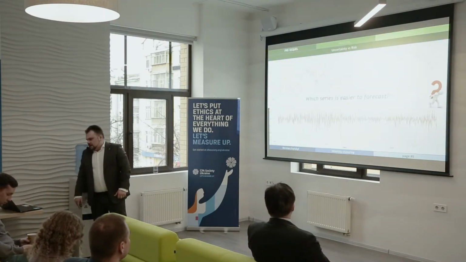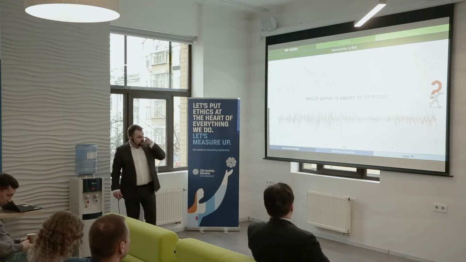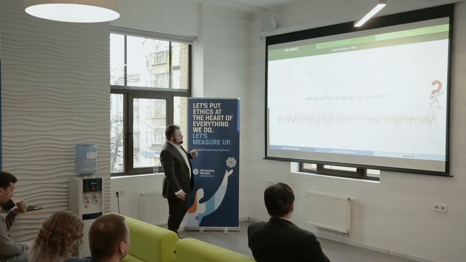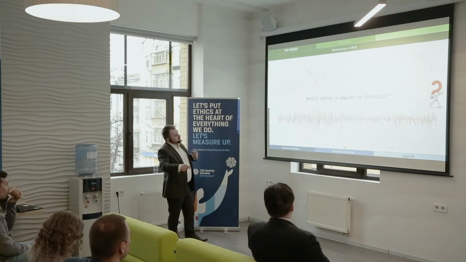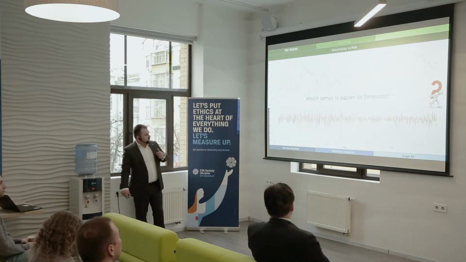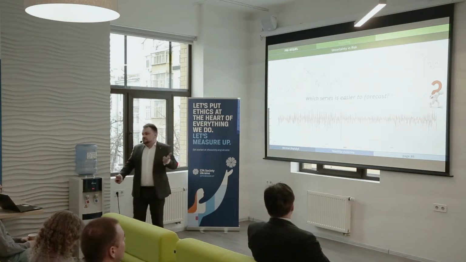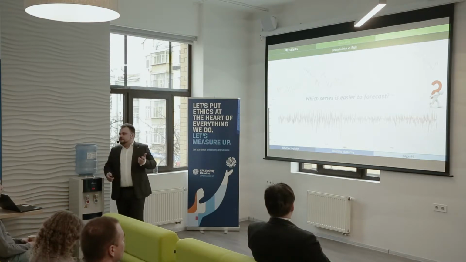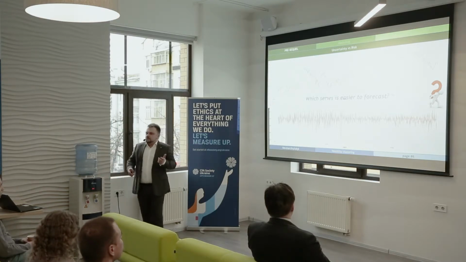Let's go. I'd like to begin with a simple question. We have two time series, first and second, and the question is, which series is easier to forecast? Which? Why?